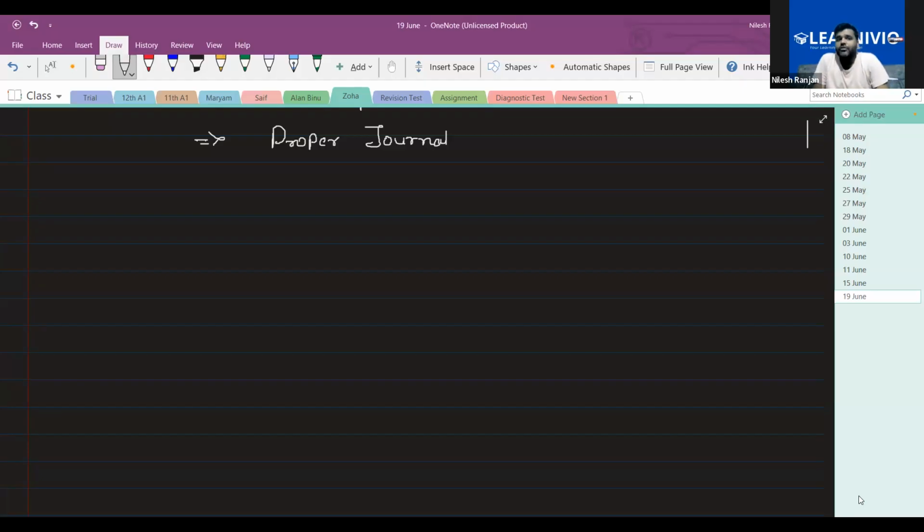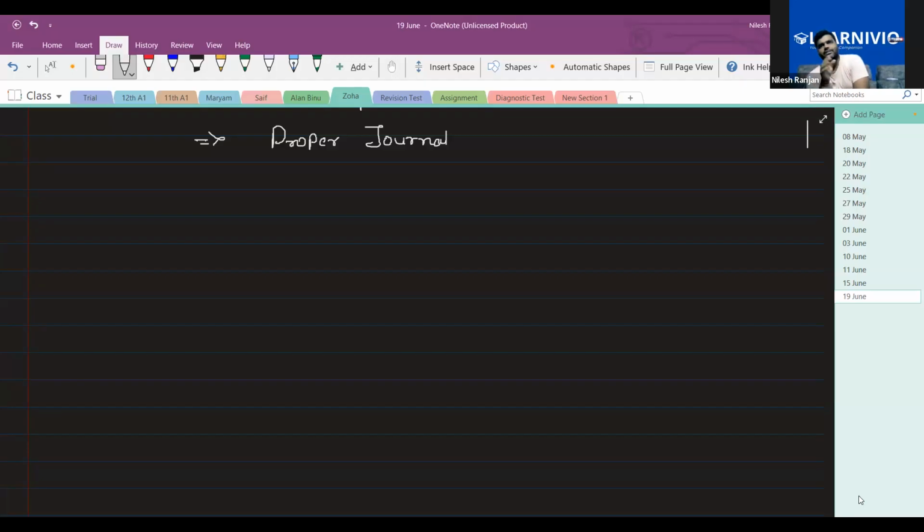So that's why we are categorizing the journal into 6 different parts. That is called subdivision of journal. If the error is related to any purchase, then we'll go to purchase book. If it is related to sales, then we'll go to sales book. If it is related to cash, then we'll go to cash book. And if it is not related to any of these, then we will go to proper journal.